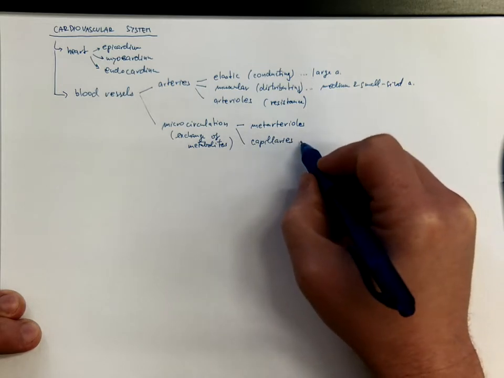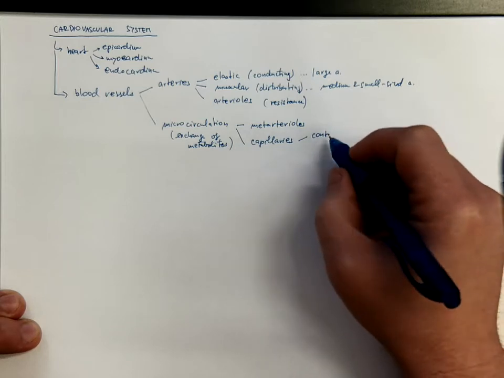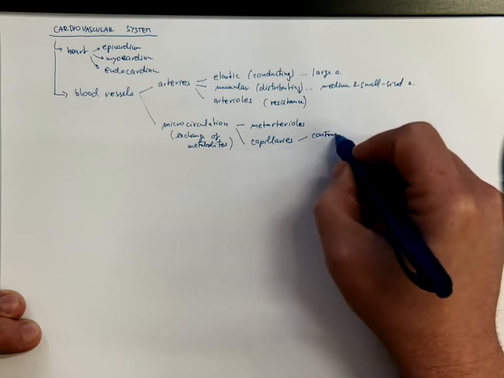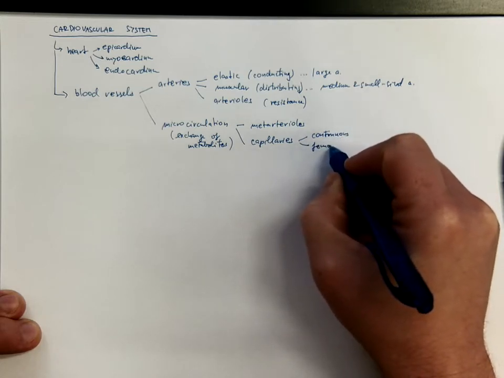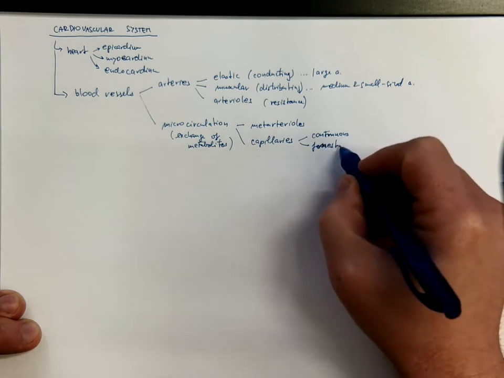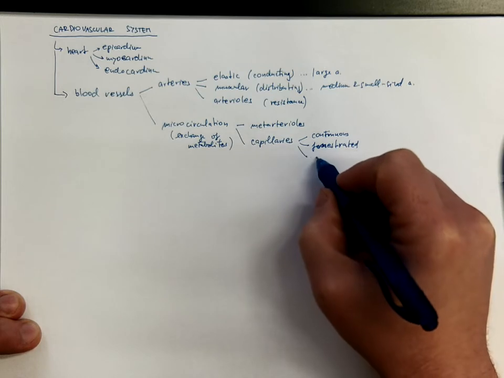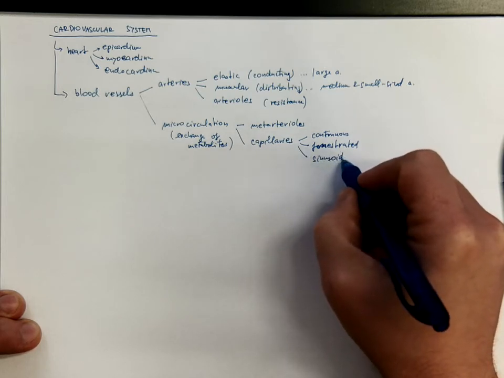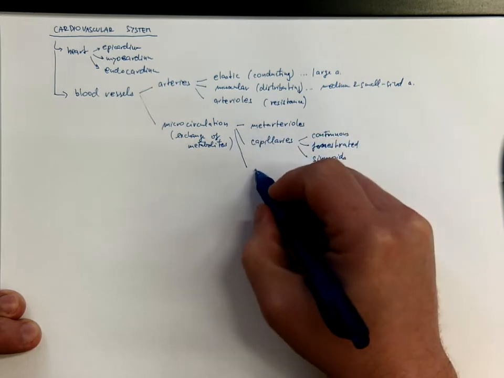We got three types of capillaries in human body according to their permeability. That's continuous capillaries, fenestrated, and the most permeable, which are sinusoids. And after capillaries we have post capillaries.